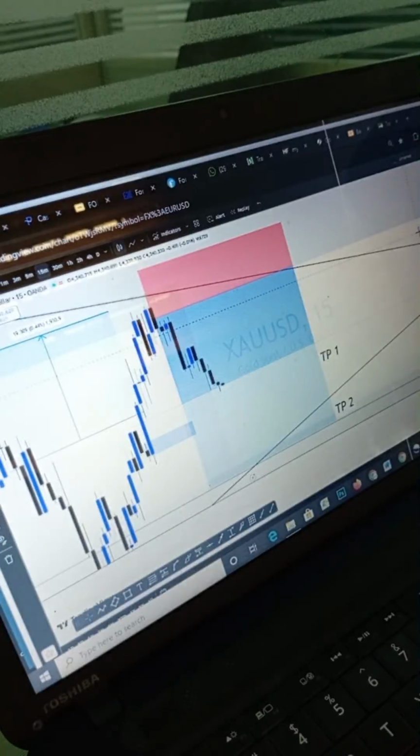So let's see what it is going to give us, probably at the ending of this trade, as you can see right here.